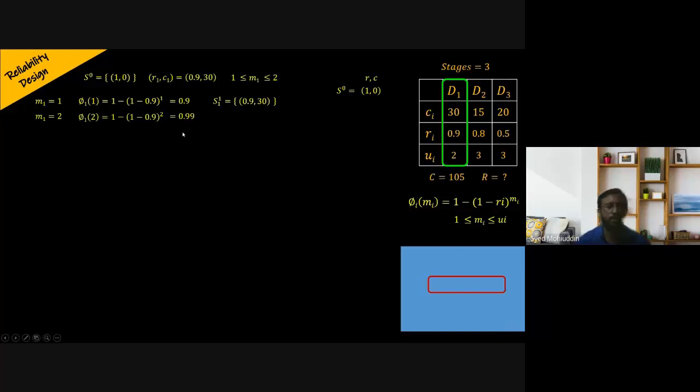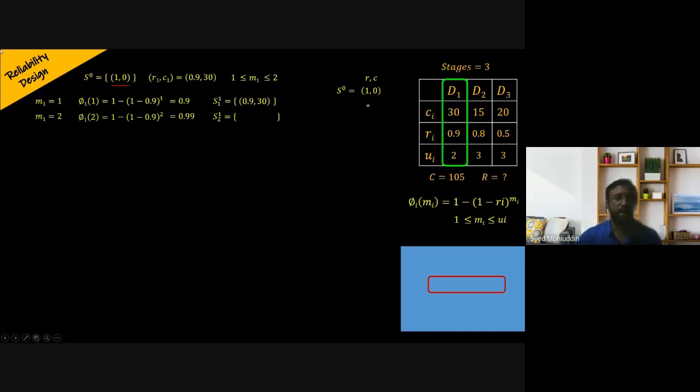Now we need to compute S12. Remember the superscript is for the stage, here stage 1. The subscript for the set represents the number of devices which are added.